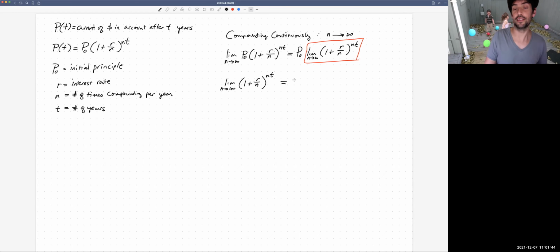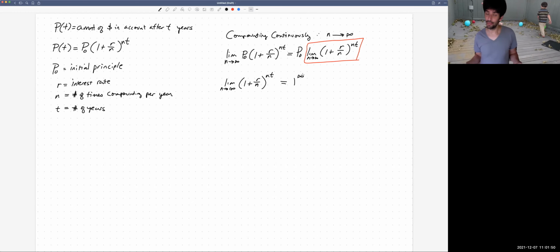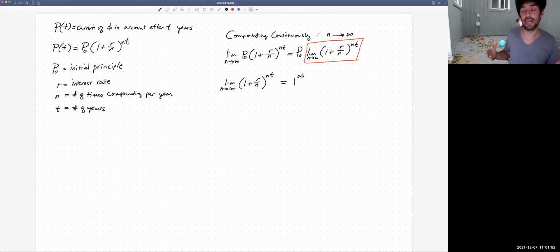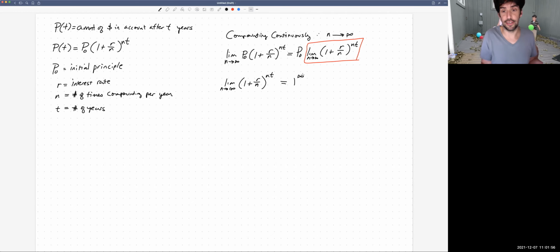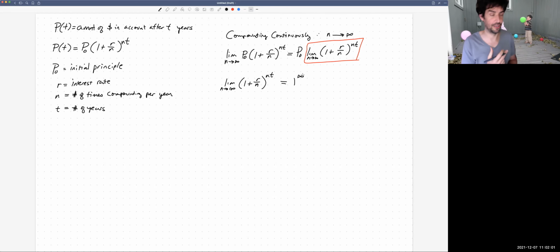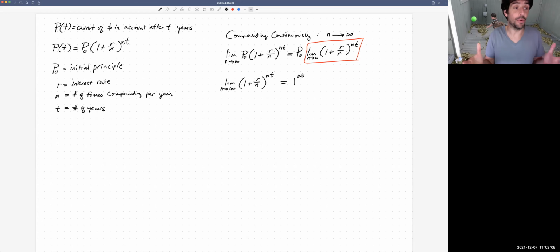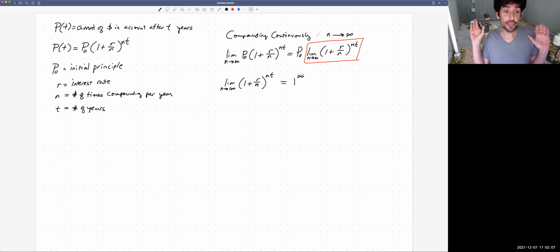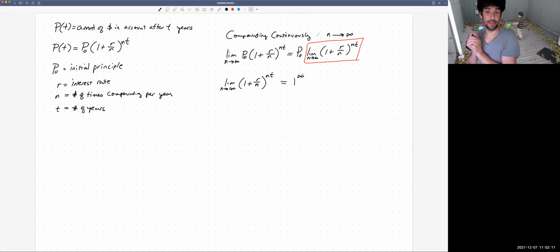We can write this very inappropriately as 1 to the infinity. This is indeterminate because we're not actually multiplying 1 by itself an infinite number of times, which you could argue is just 1 because it's never going to change, right? Or if you have a good definition of what it means to multiply an infinite number of times, 1 would be a good argument. But that's not what's happening here. We're multiplying numbers close to 1 lots and lots of times by themselves.